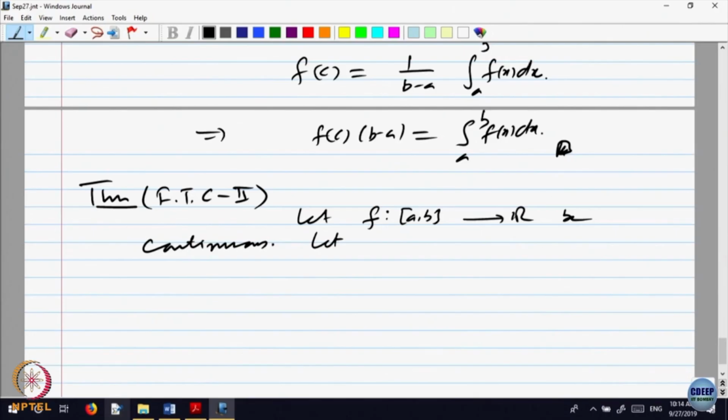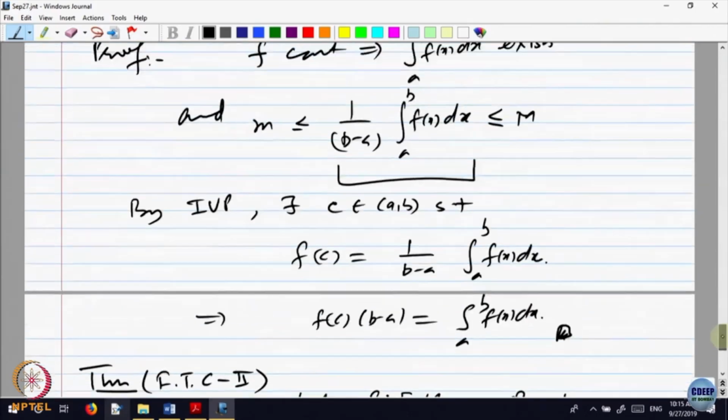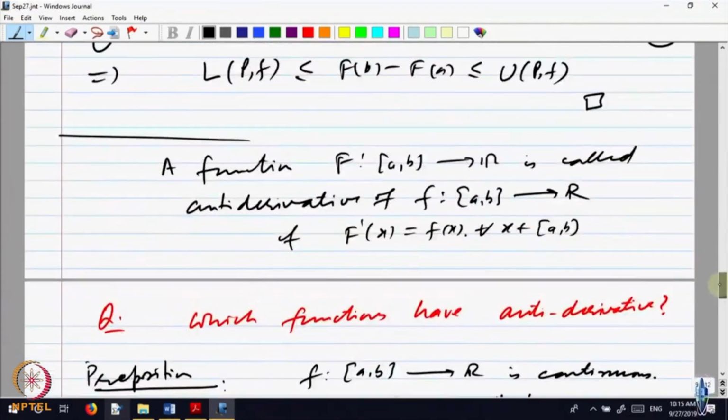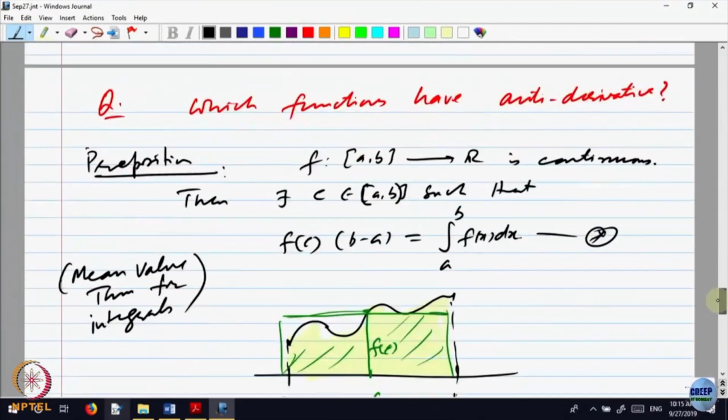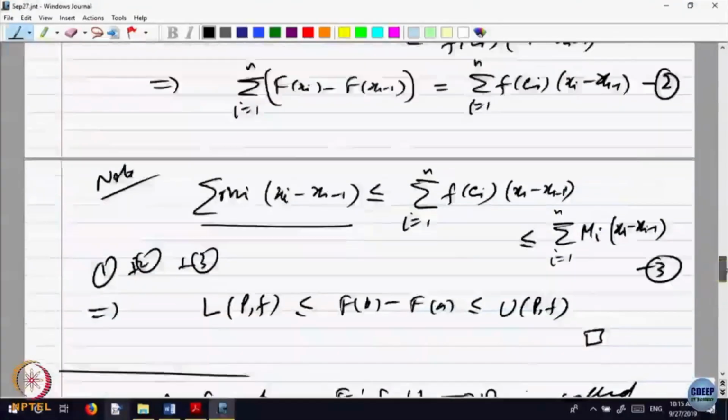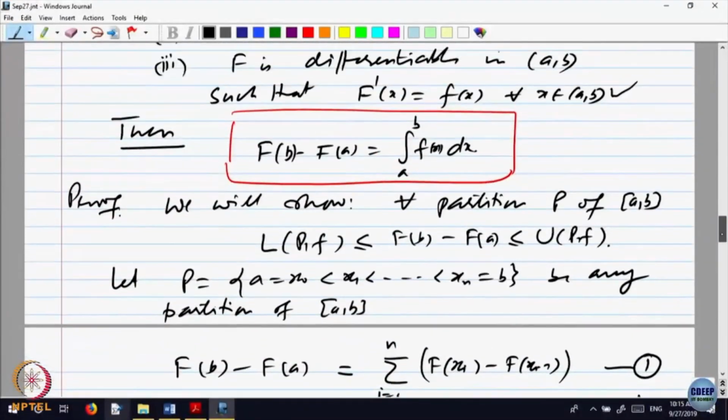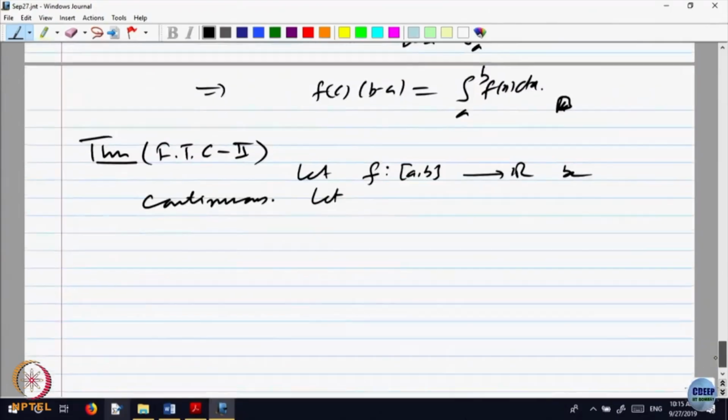What could be an antiderivative for a continuous function? The fundamental theorem of calculus itself gives you an answer. It gives the relation between small f and capital F. If I know small f, I can define capital F from this. So let us write that equation straight away.